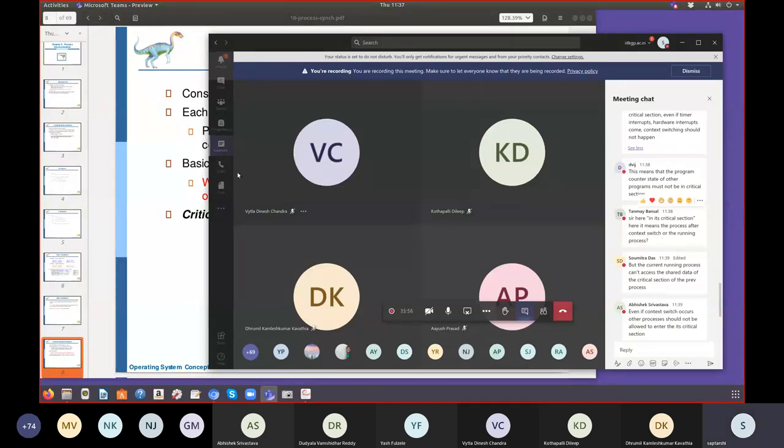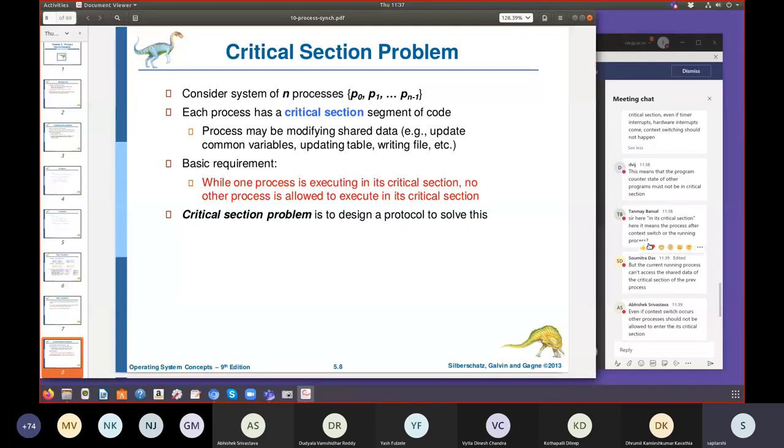Okay, Tanmay has a question which I am not understanding. Wait, in its critical section, where? When one process is in here, it means the running process. So one process is executing in its critical section. We're talking about the running process itself.